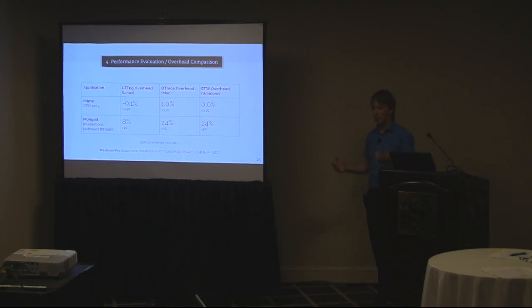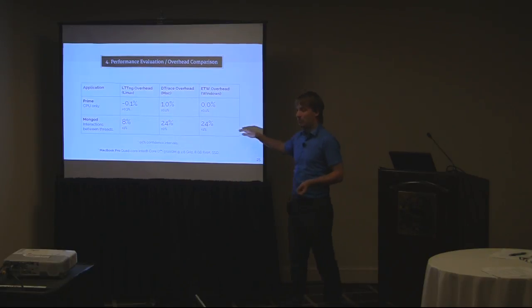There are other tracers than LTTng. For example, we can use dtrace on Mac or ETW on Windows. So we wanted to compare the overhead of recording our call stack events and kernel events with LTTng on Linux, and these solutions. For the Prime application that uses a single thread, no system call, the overhead is similar for all tracers.